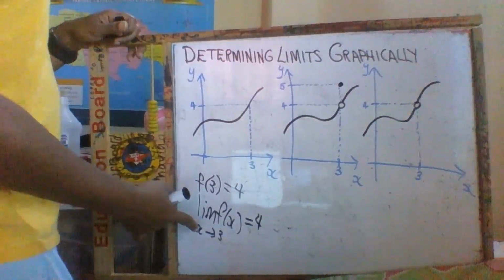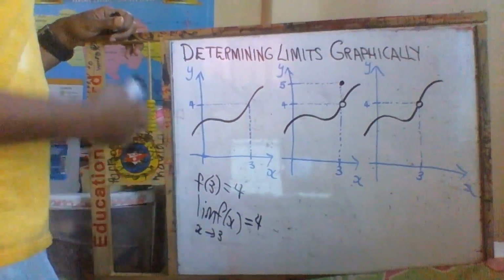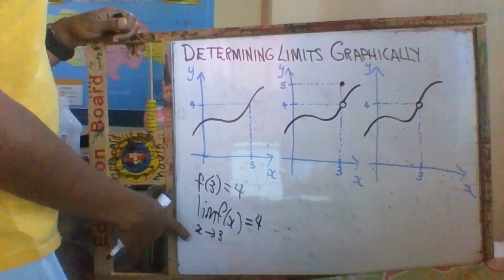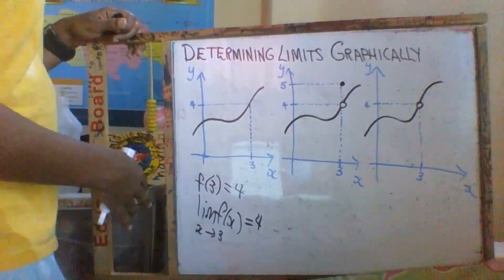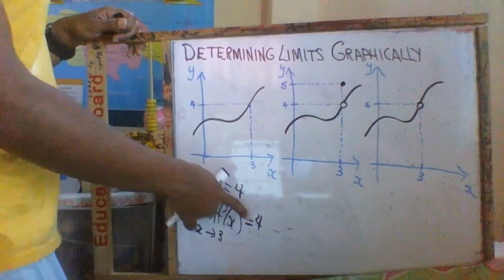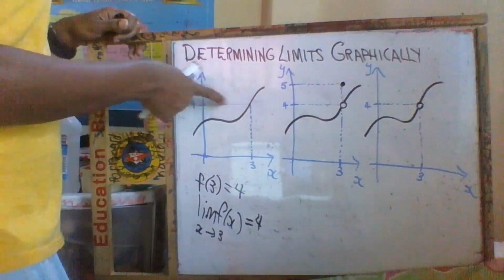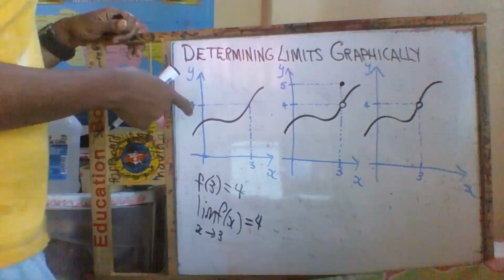As x goes to 3, and this means we're talking about both from the left and from the right, the limit of the function is 4. So the function approaches a y value of 4.